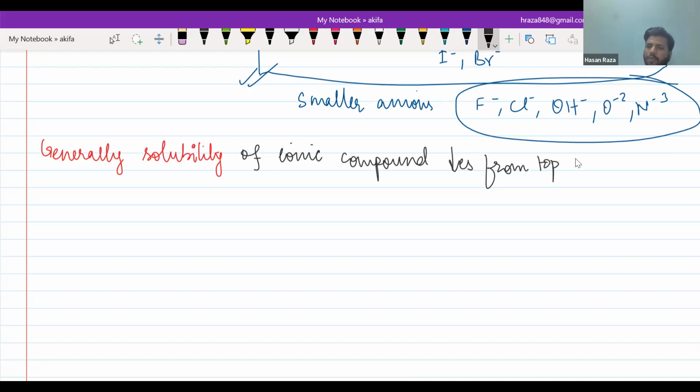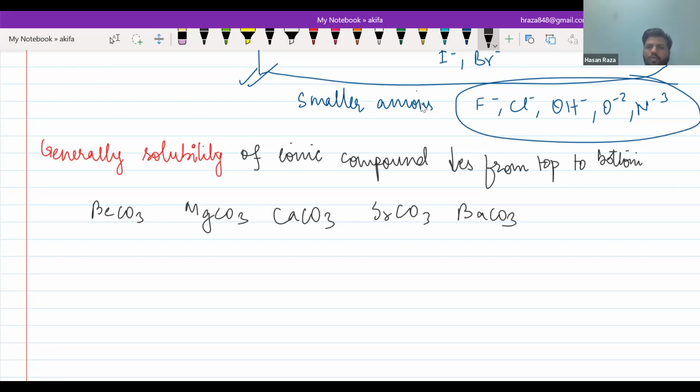From top to bottom, generally solubility of ionic compound decreases. Like if we are talking about BeCO3, MgCO3, CaCO3, SrCO3, and BaCO3, the solubility basically here decreases. Why is it so? Why does the solubility of ionic compound decrease?